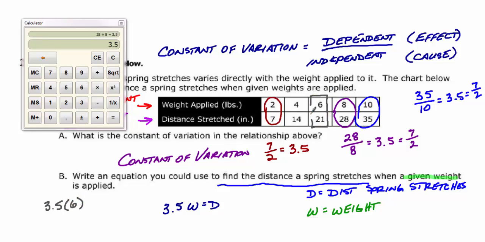I'm doing this one now. 3.5 times 6 equals, there's the 21 it was supposed to equal. And let's do one more. Let's do this one right here. 3.5 times 4, will that be 14? 3.5 times 4 equals, and there's my 14.